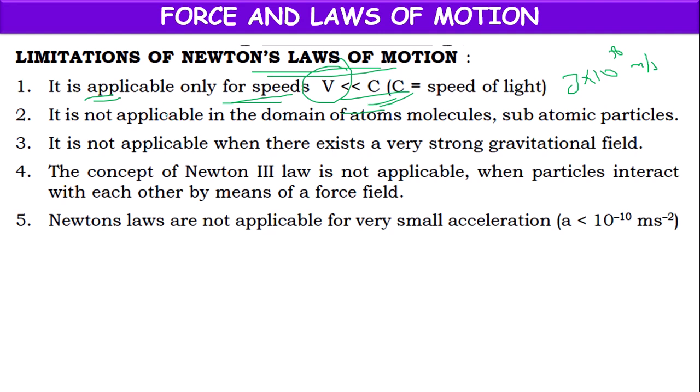That is one limitation. These laws are also not applicable in the domain of atoms, molecules and subatomic particles. Inside those atomic particles, we cannot apply these laws. Or when there is a strong gravitational field, at that time also we cannot apply these laws.